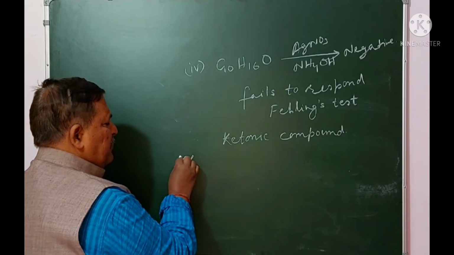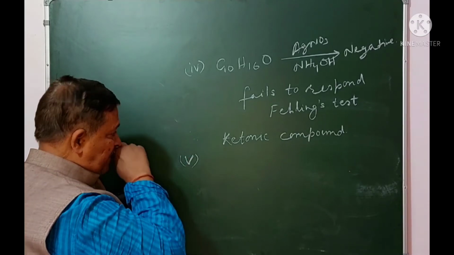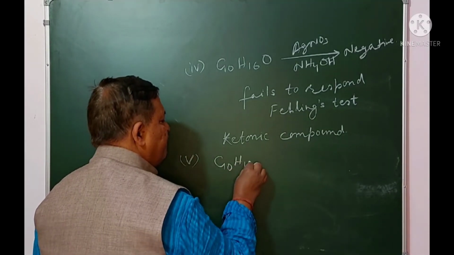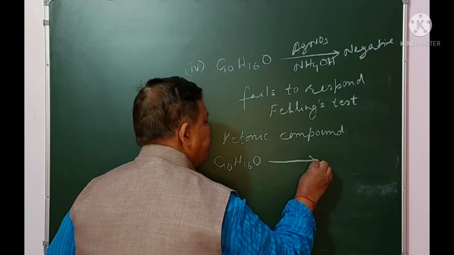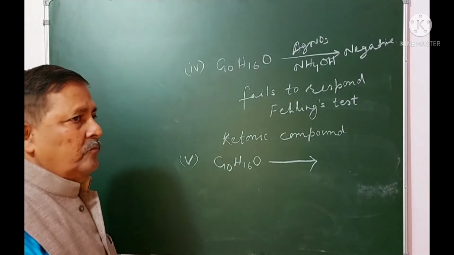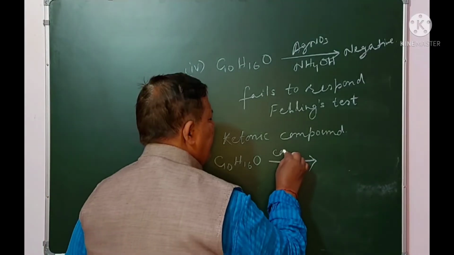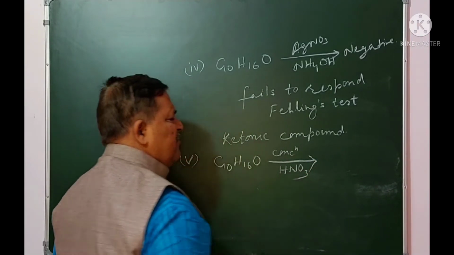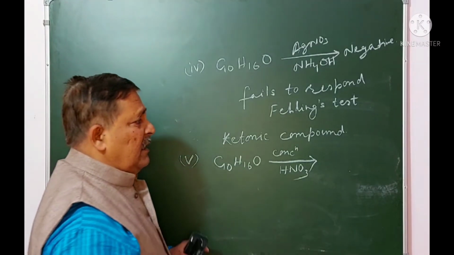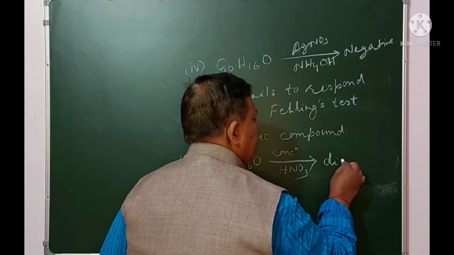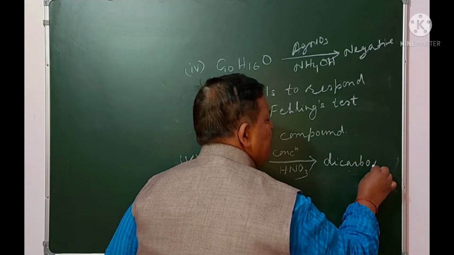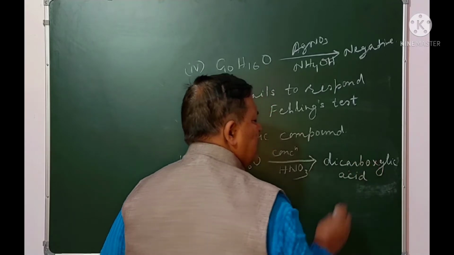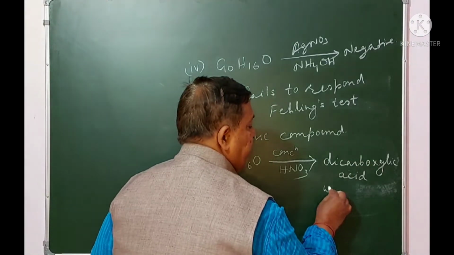When this ketonic compound is heated with concentrated nitric acid, it gives a dicarboxylic acid without change in carbon.